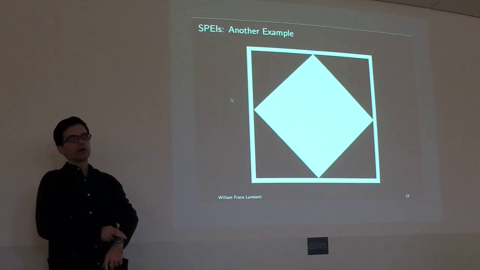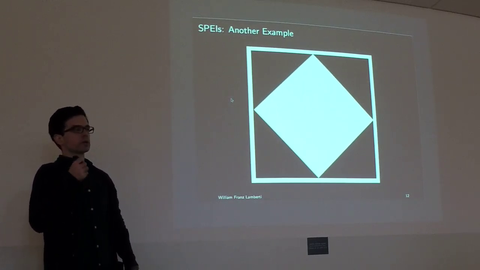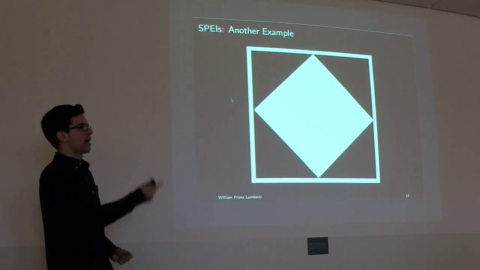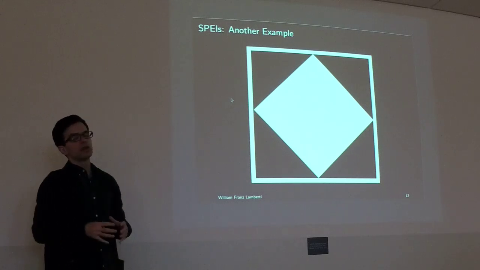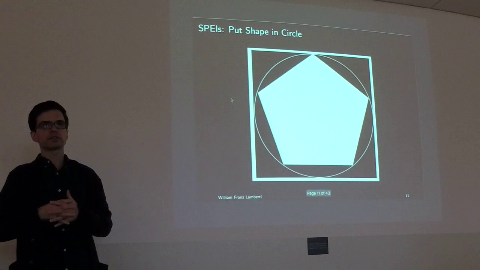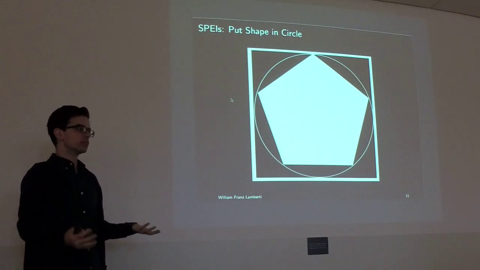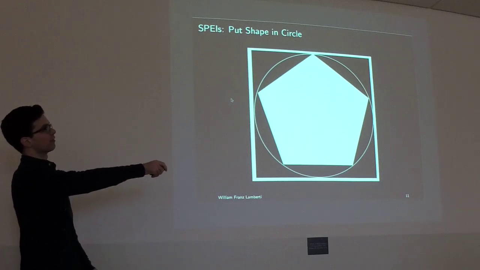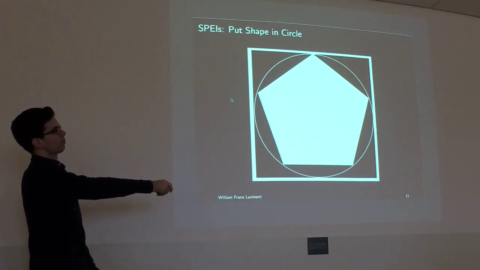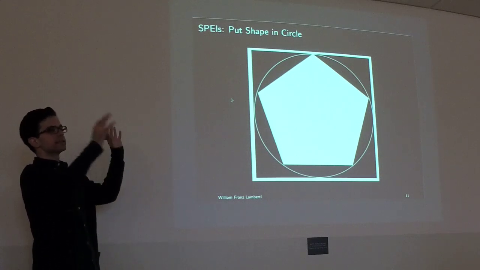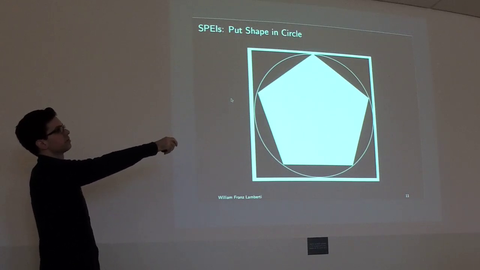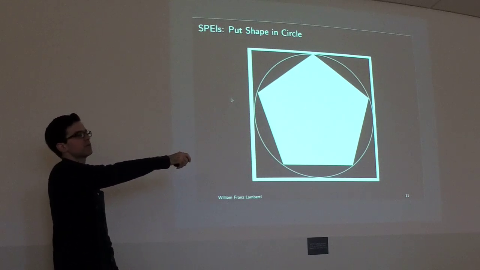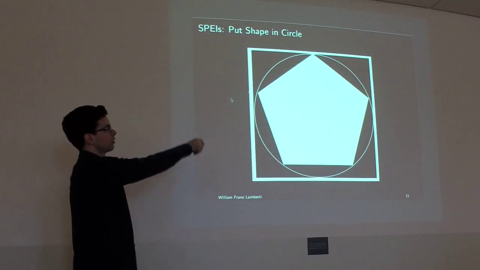Here's an example of what the result would be after applying SPEIs, without the reference circle. So here's a square. To really understand why this setup is valuable, if this is all the information you have, I don't care where the pentagon is in the square. If this top point is over here, the white area is still going to be the same proportion of the total image.